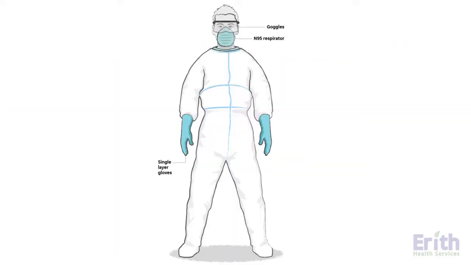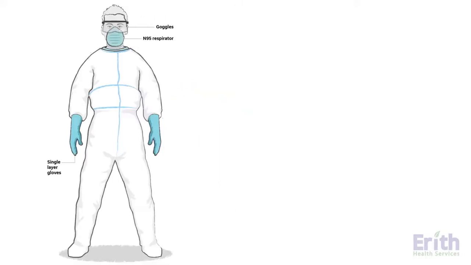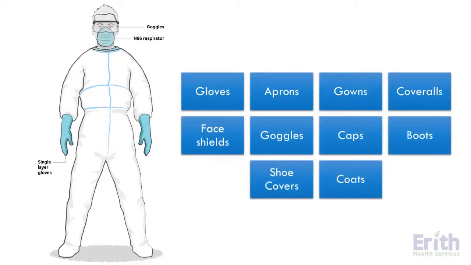PPEs are classified according to the parts of the body. The types of PPEs: gloves, aprons, gowns, coverall, face shield or goggles, caps, boots, shoe covers, and coats.